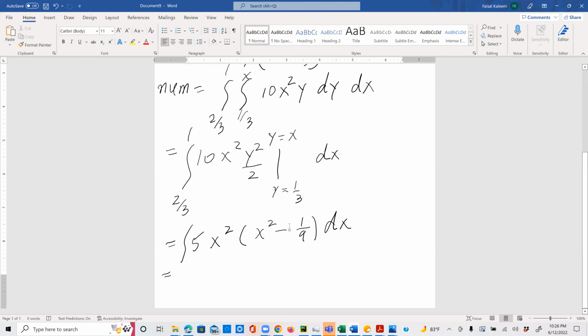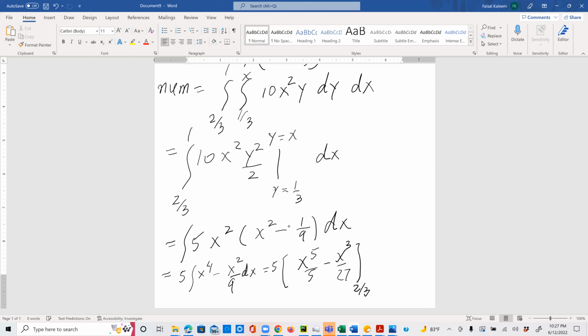This can be distributed, 5 can be pulled out. And it's x to the 4 minus x squared over 9. And then when we integrate, it's x to the 5 over 5 minus x cubed over 27, and the bounds were 2/3 to 1 for the x.